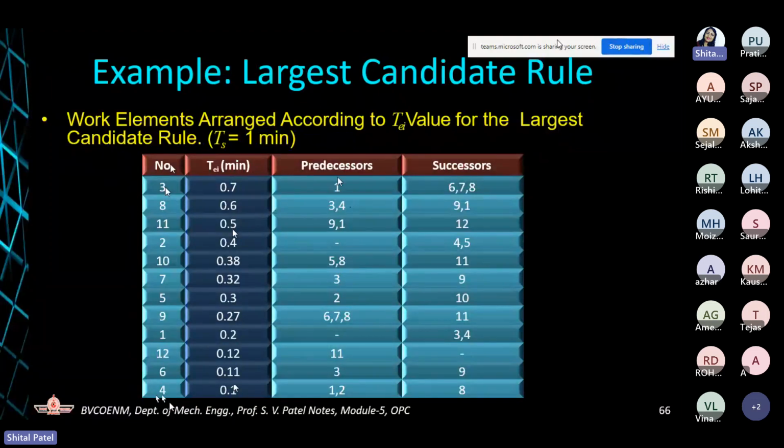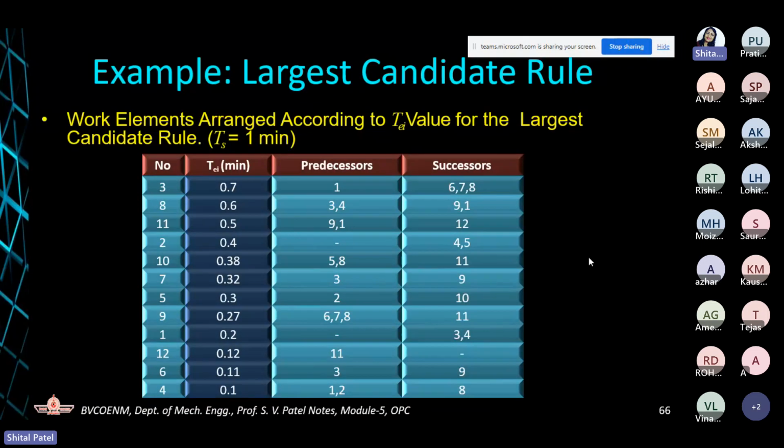In the third column, we need to mention the predecessor as well as the successor activities. It should not happen that the predecessor activity has not been done and you directly perform an activity which needs to be completed prior. So we mention each activity with its predecessor and successor. This is the table we construct under the largest candidate rule.